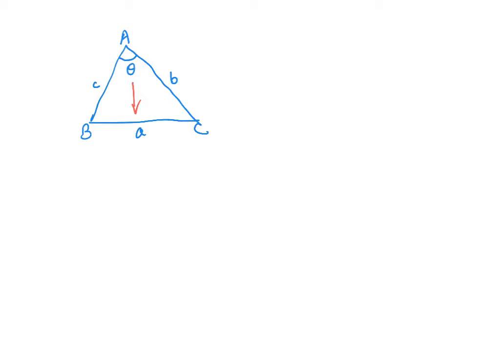First of all, looking at the opposite side, which is A, make it square: A square equals the other 2 sides squared, B square plus C square.